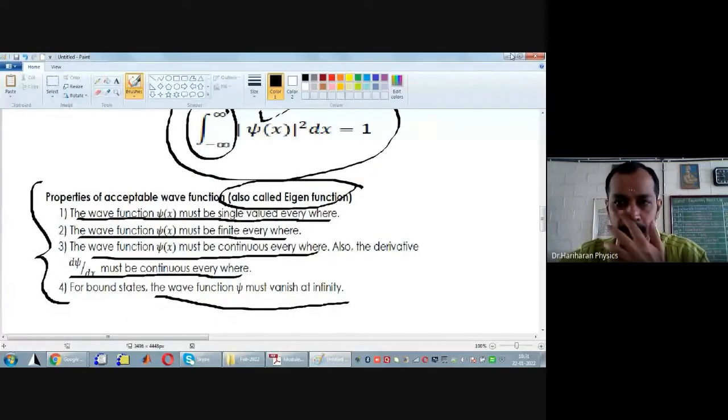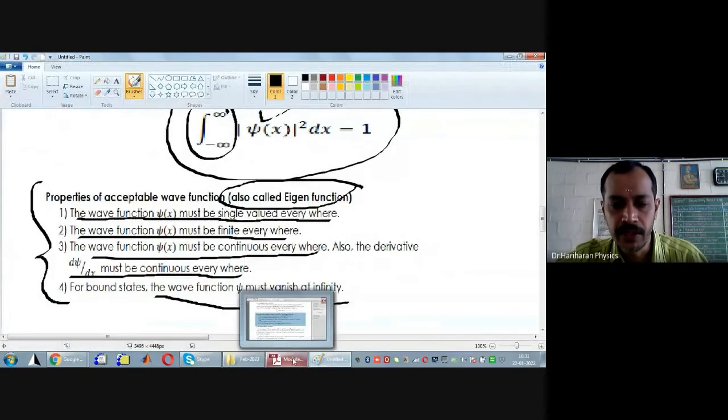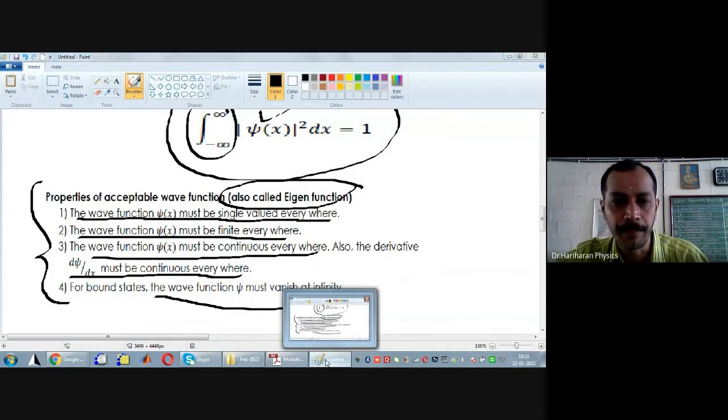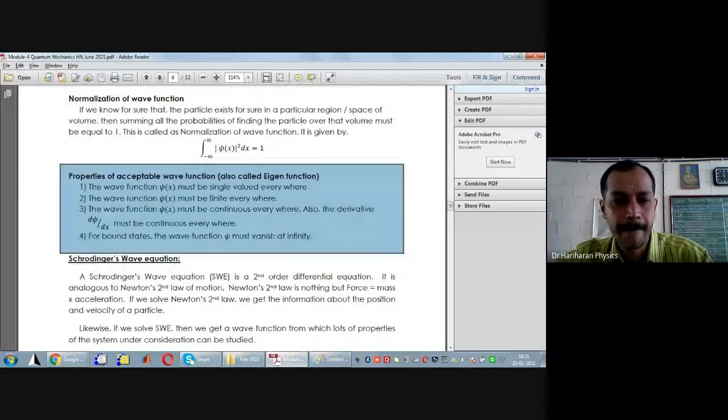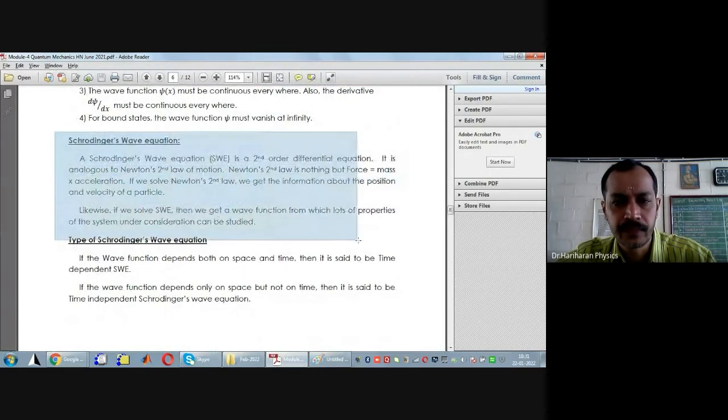Next, look here, last part of today's discussion. I'll tell what Schrodinger wave equation is, and then I will stop. So what is Schrodinger's wave equation?